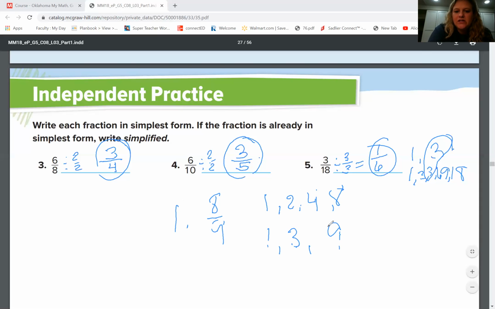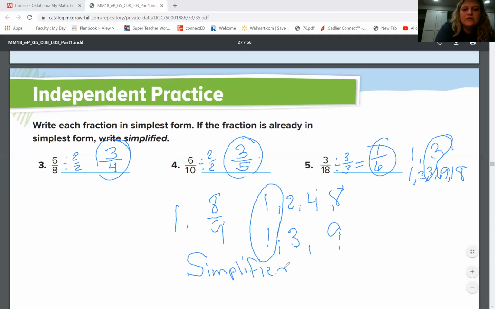The only thing they share on this factor list is 1. So we're done. So we're going to write simplified. Not the best pen, but it works. Simplified for number 1 because it's already in simplest form.